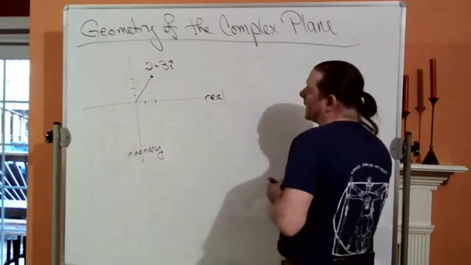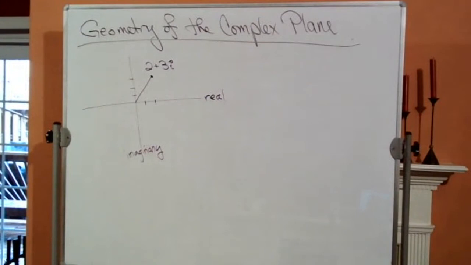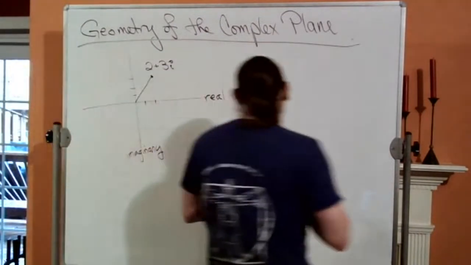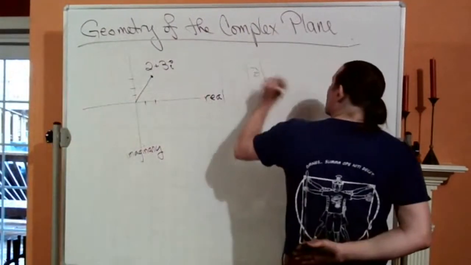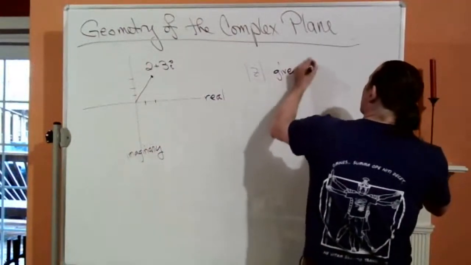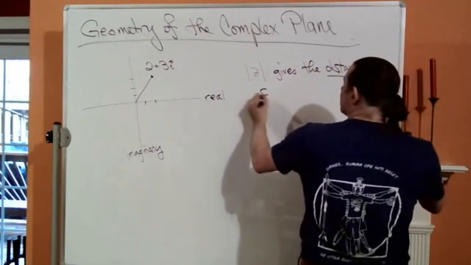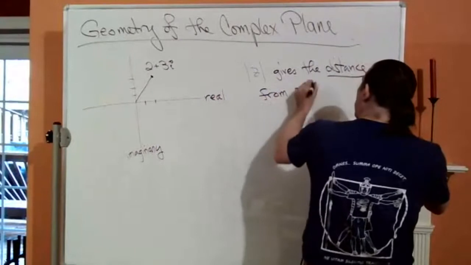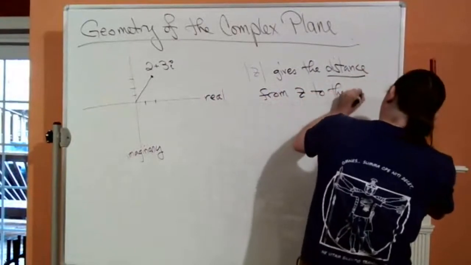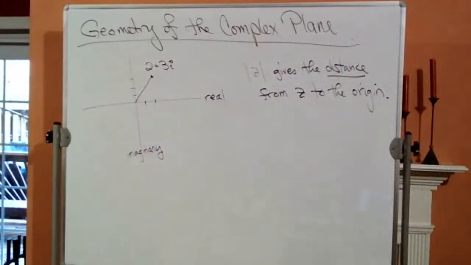And one very interesting thing that jumps out at us immediately when we look at this is that the modulus of a complex number is associated with the distance from that complex number to the origin.